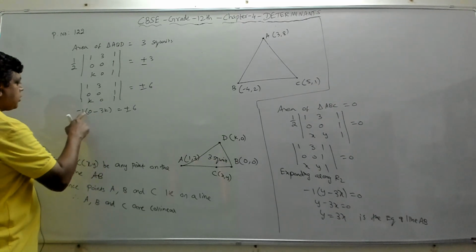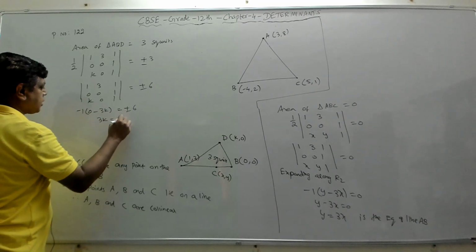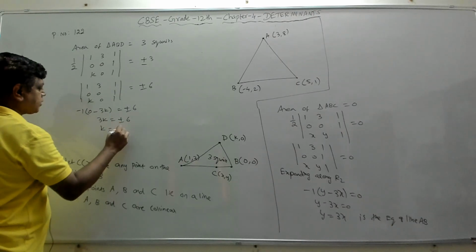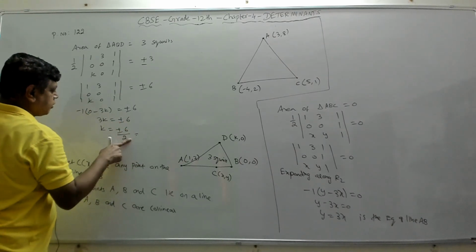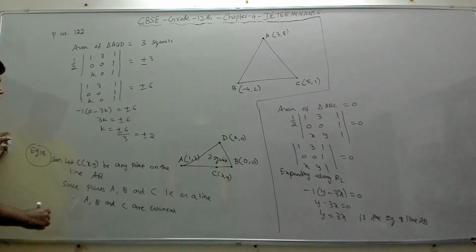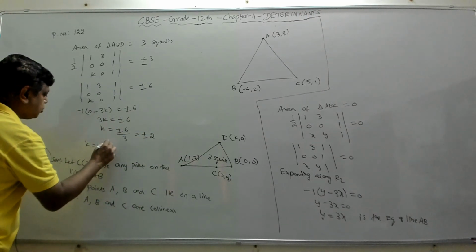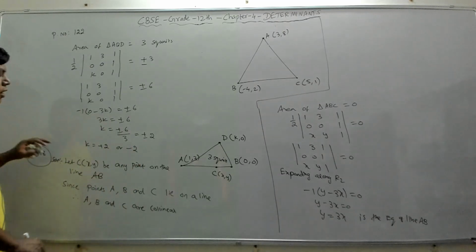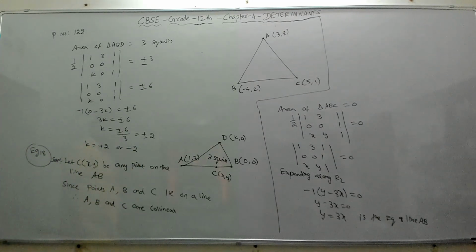Now minus and minus is plus, so you'll get 3k equal to plus or minus 6. You'll get k equal to plus or minus 6 by 3, which is plus or minus 2. So what is the value of k? Your k is plus 2 or minus 2. So that is the answer.